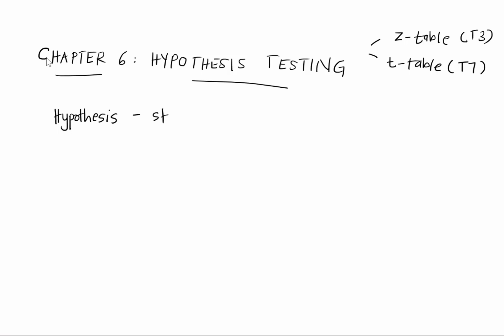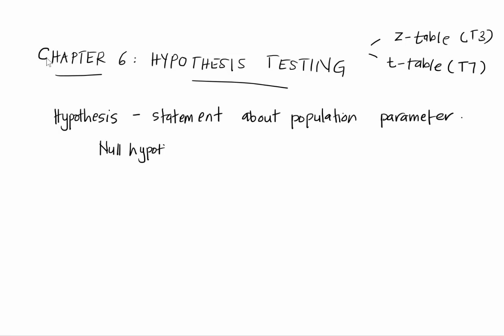The hypothesis is a statement about a population parameter. In this hypothesis, usually we have two types of hypotheses. The first type is the null hypothesis, which is denoted by H naught.